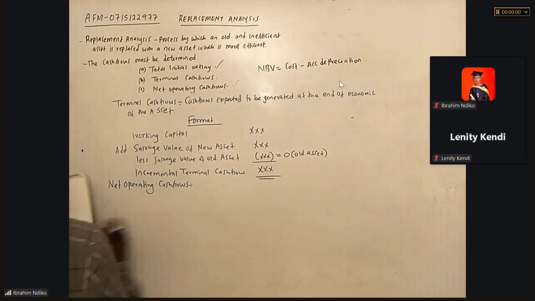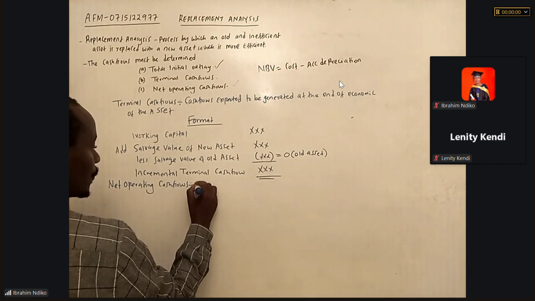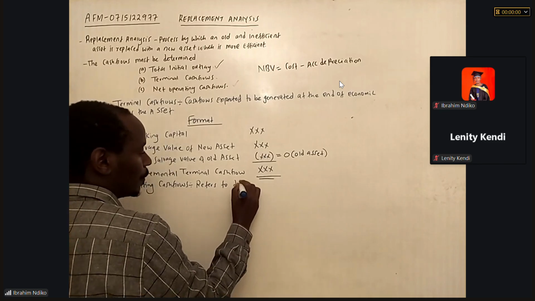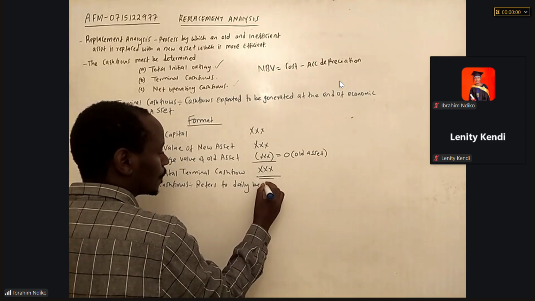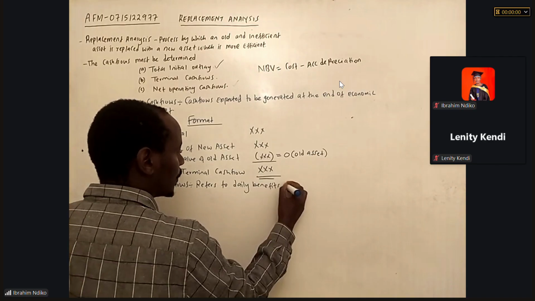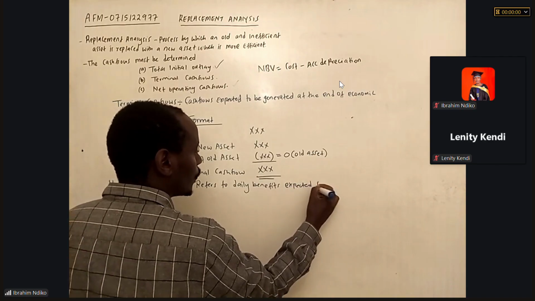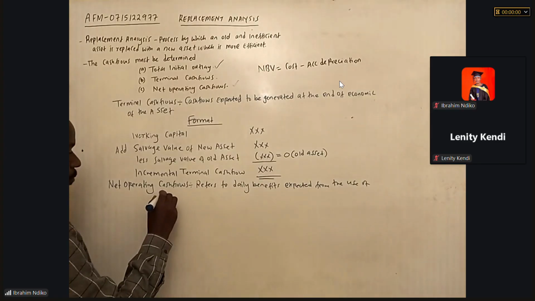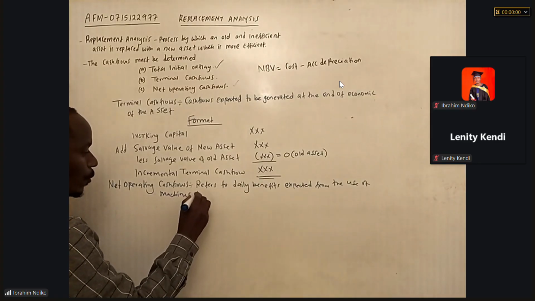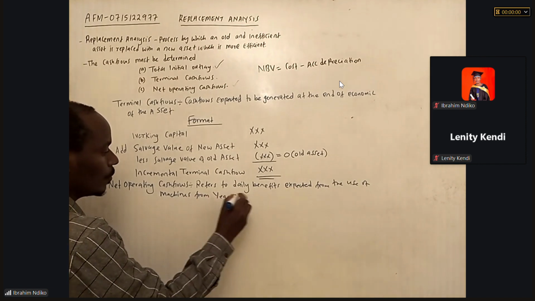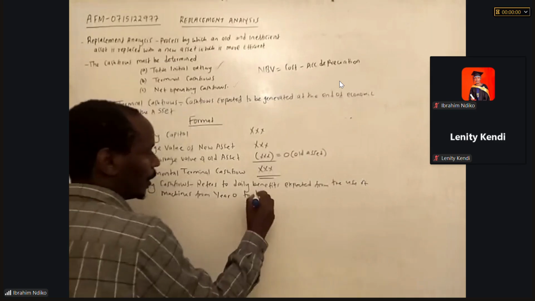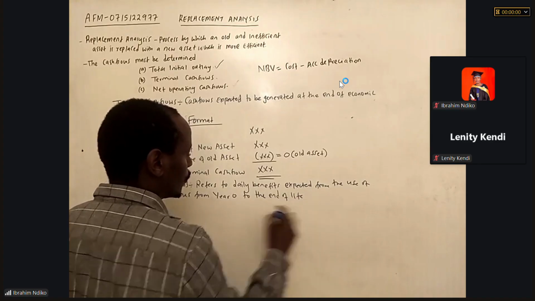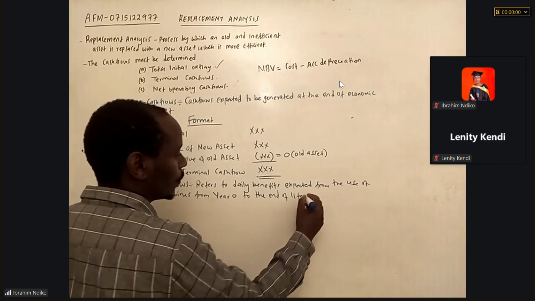It refers to the daily benefits expected from the use of the machine, from year 0 to the end of life of that asset.